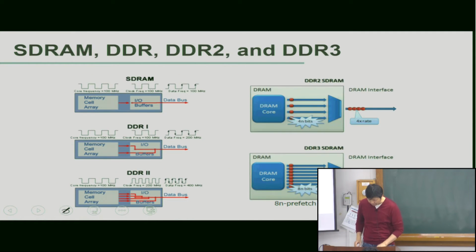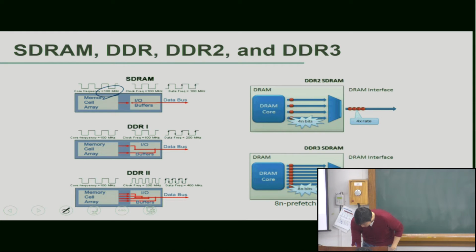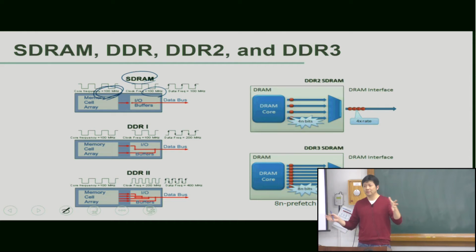And what happens here is that, instead of increasing the clock rate, it actually increases the parallelism of the access. If you see, in the original SDRAM, the clock rate was 100 megahertz, and the core frequency was 100 megahertz too. So the internal core has the same data rate as the external pin data rate.